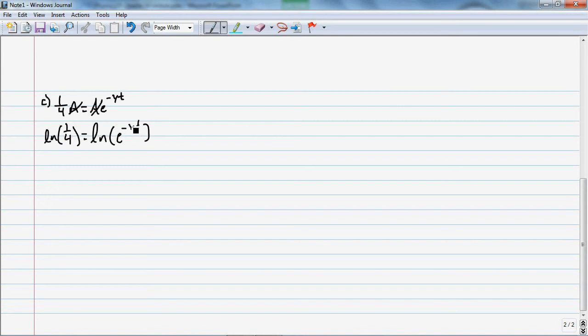And that's just going to leave negative gamma t there, so I can get to t is equal to 1 over negative gamma times natural log of 1/4.